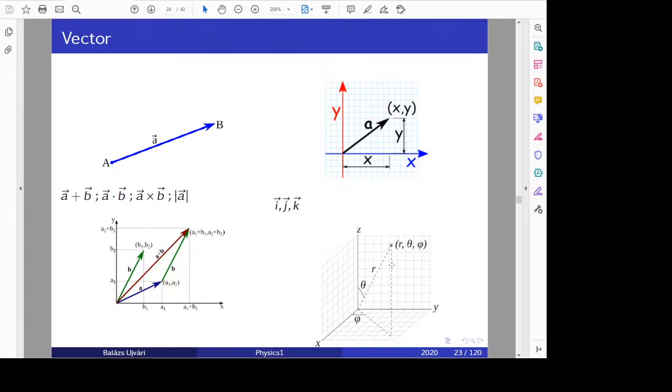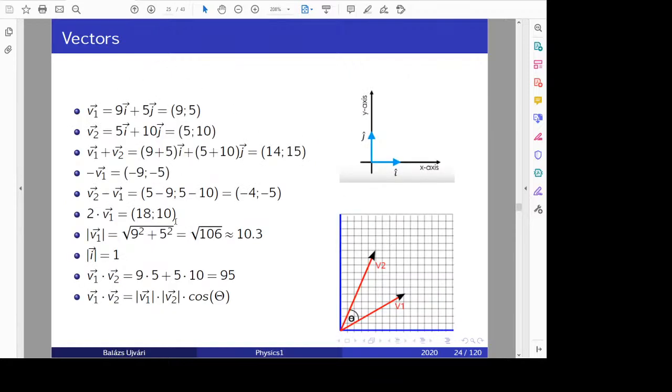If you project this line to the xy plane, you will have another projected line, and the angle between this projected line and the x-axis is phi. So r, theta, phi can also represent a point like x, y, and z.